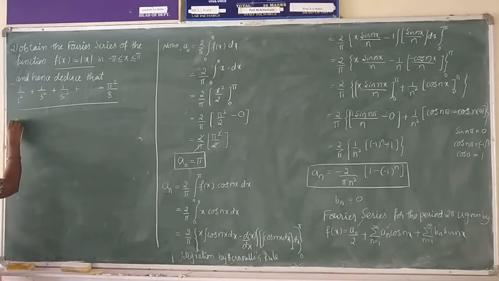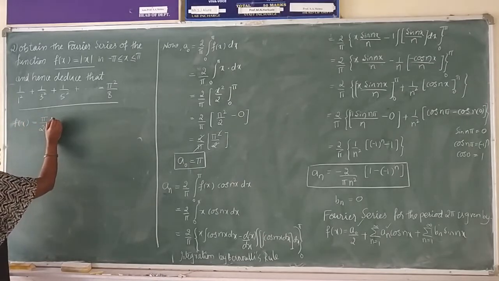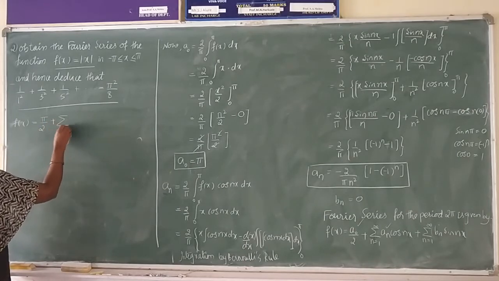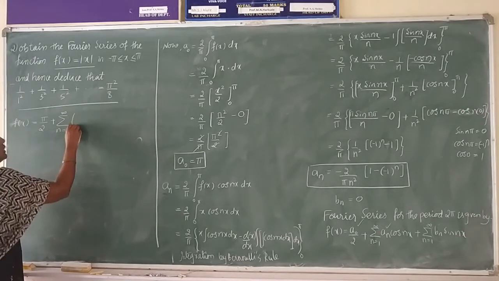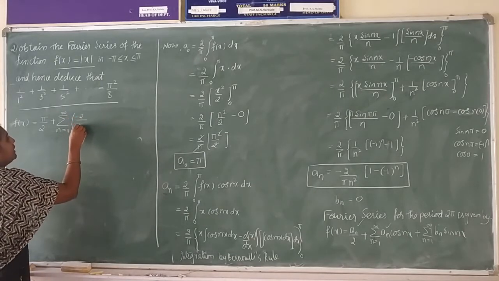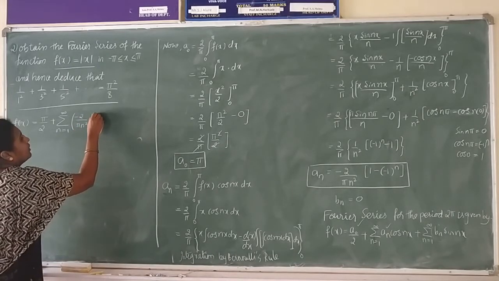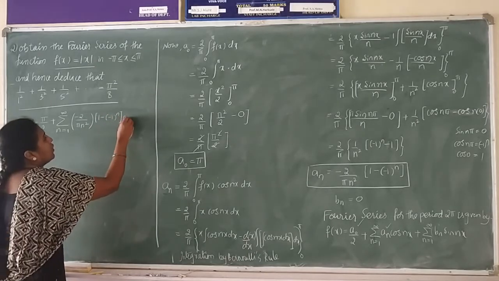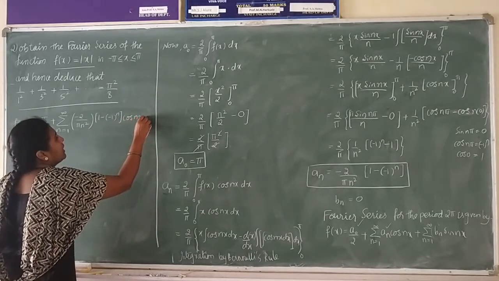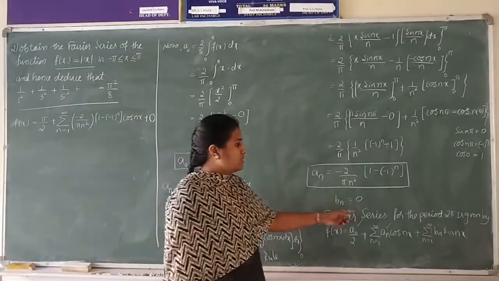f of x is equal to a0. a0 is pi by 2 plus summation n equals 1 to infinity a n, just now we have obtained. What is that? Minus 2 by pi n square, 1 minus of minus 1 raised to n, cos nx, and this term becomes 0 because we know that b n is equal to 0.